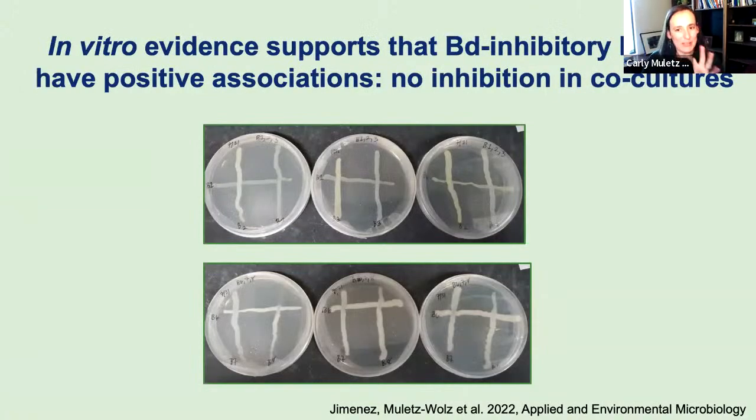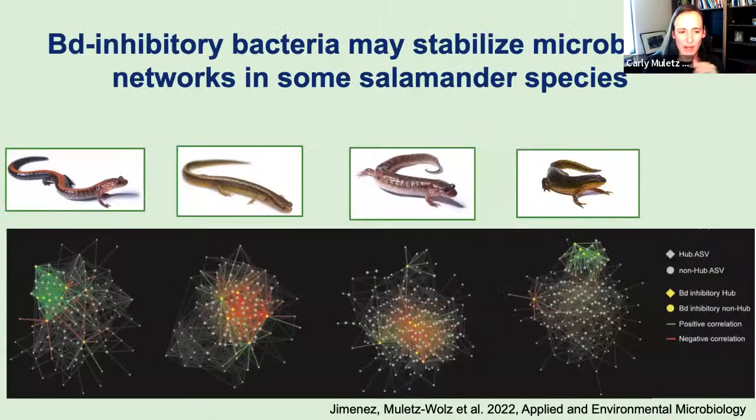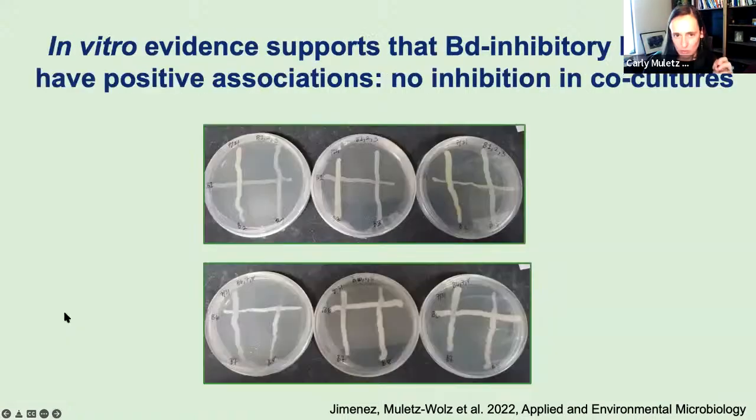We'll get back to the story of how it relates to BD. Sorry, I'm going to go back. There are these positive associations happening, and we think that they're positive. So what we were then able to do was take some of these bacteria that we have cultures of and grow them together and ask the question: if you have these positive associations on the salamander skin, do you kill each other if we grow you together?